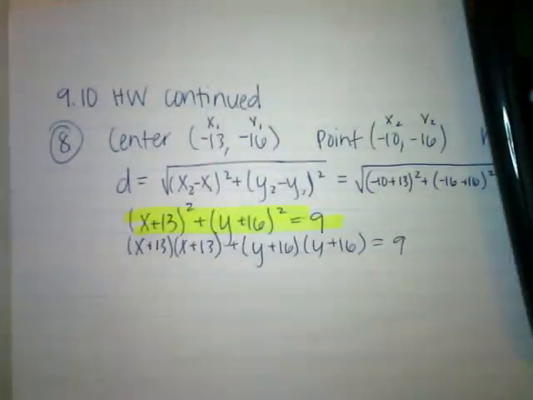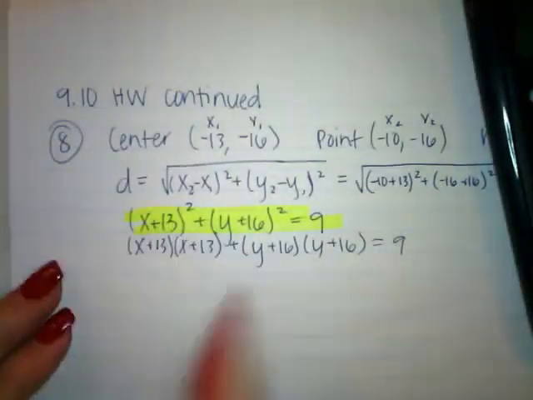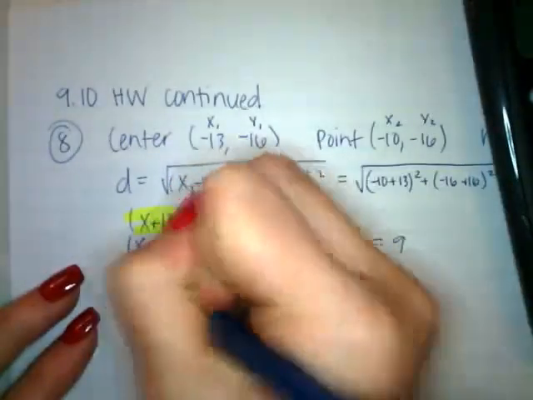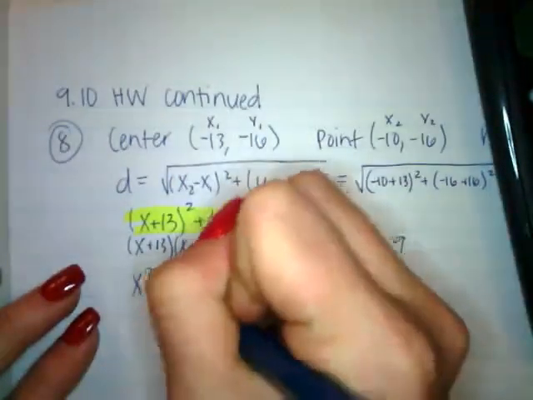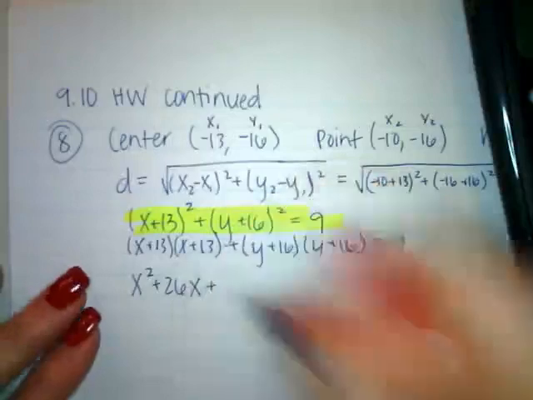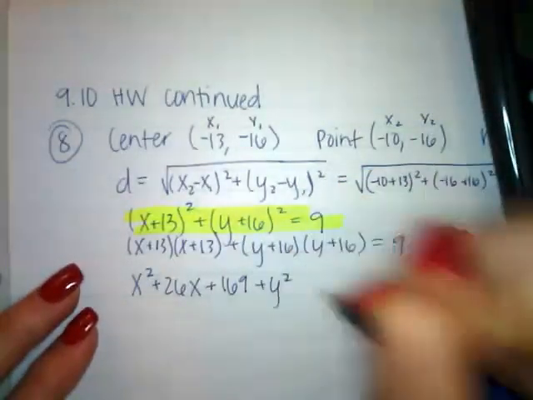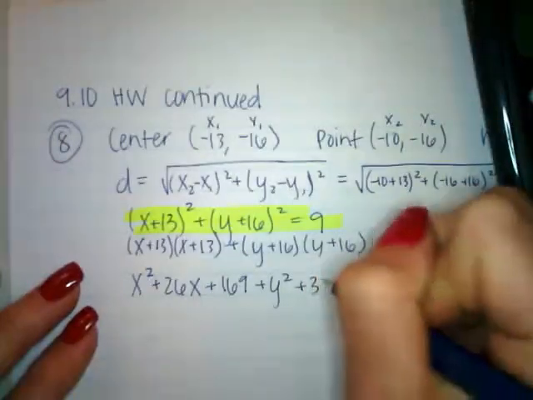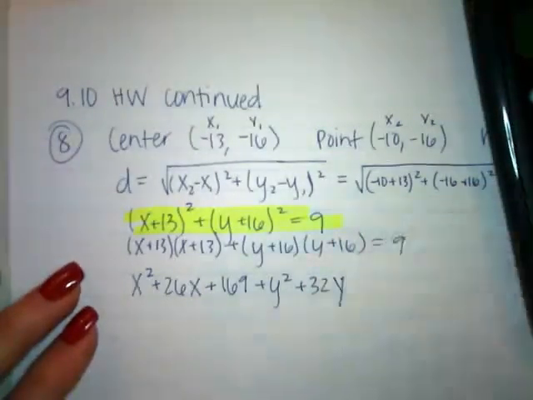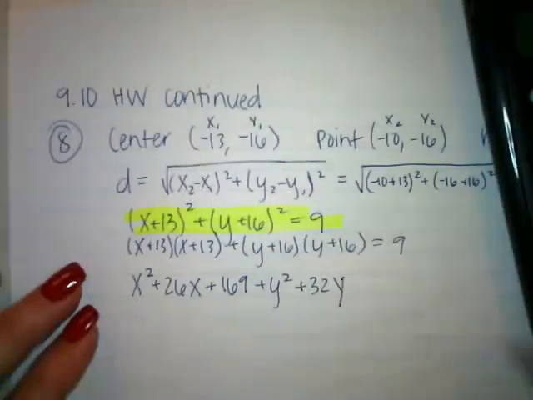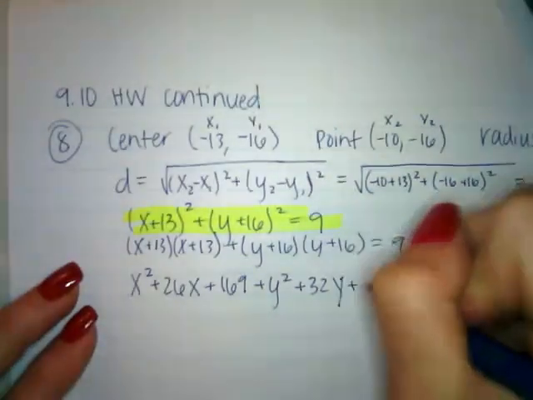And I'm going to do some of this math in my head, some of these combining of like terms. This is going to be x squared plus 26x plus 169, y squared plus 32y, and let's see what 16 times 16 is, 256.